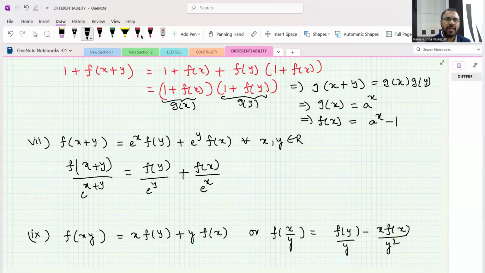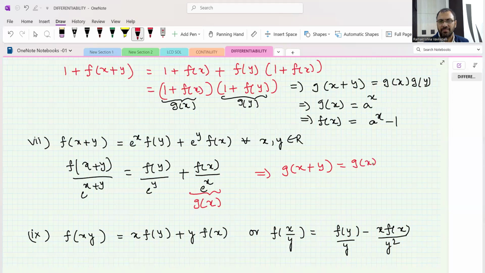Same as what I have done in the previous example, in a similar manner you can assume this is g of x, so that you get g of x plus y is equal to g of x plus g of y. So therefore g of x equals some kx. So f of x equals kx into e power x.